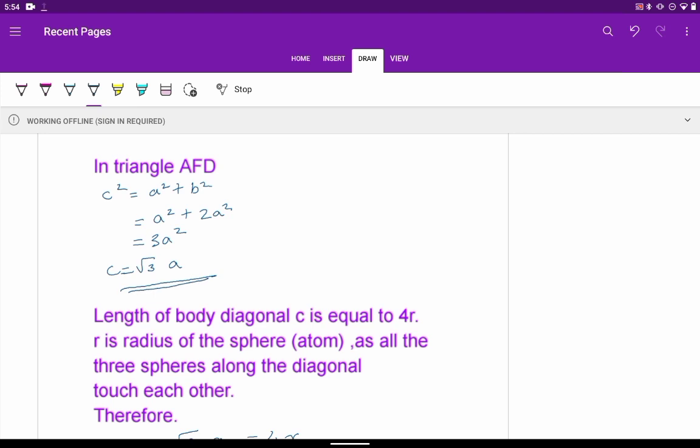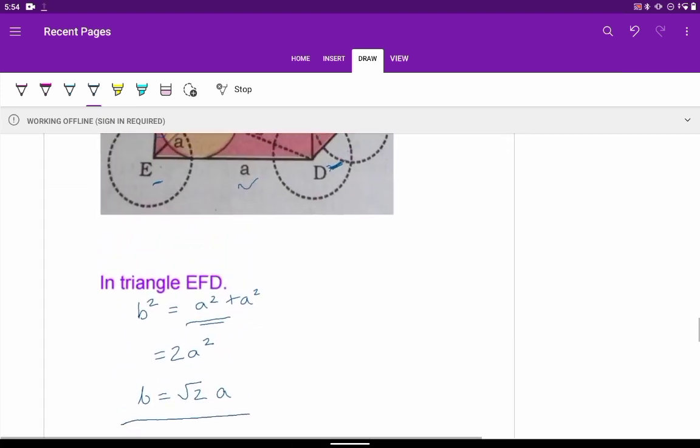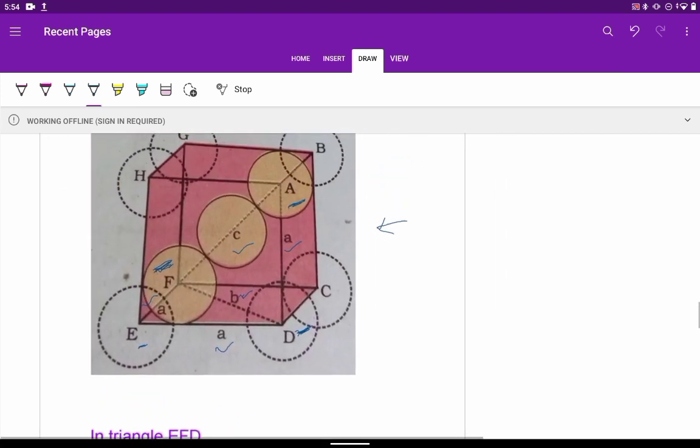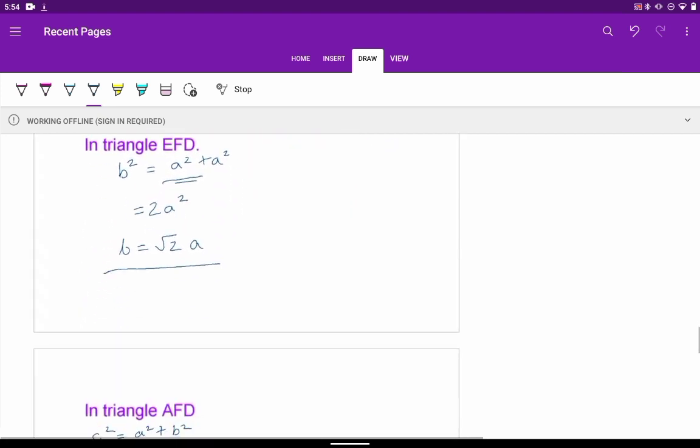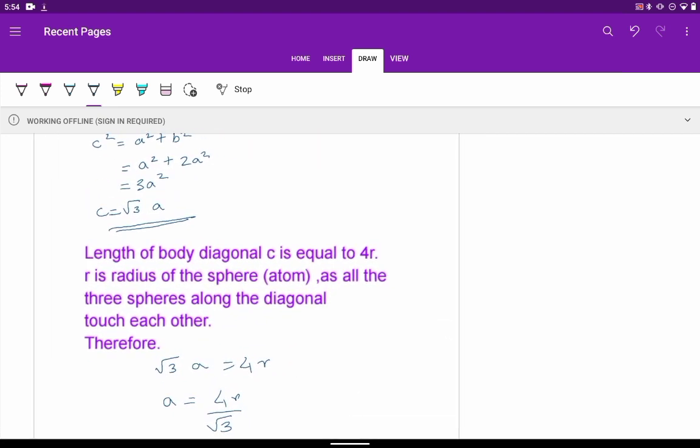Now length of body diagonal C is equal to 4R. From here we go back to the diagram once again. You can see small c is equal to 4R. Here this is 1R, here second R, third R and fourth R, because each diameter is 2R. So R plus R plus R plus R, 4R, where R is the radius of the sphere representing the atom.